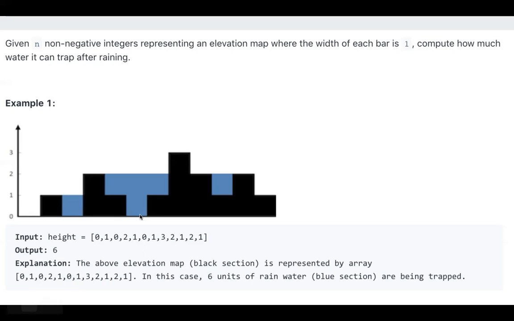So if we have water, it will flow through the bar that has height 2, since it's lower than the right highest bar. So the left max height is 2, the height of this bar is 0, so it can trap 2 units of water here.